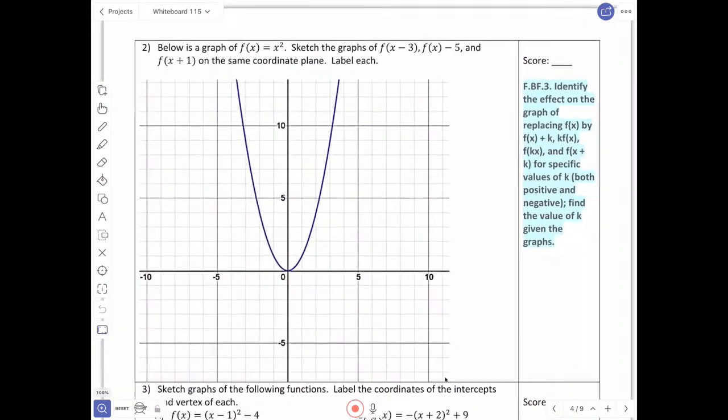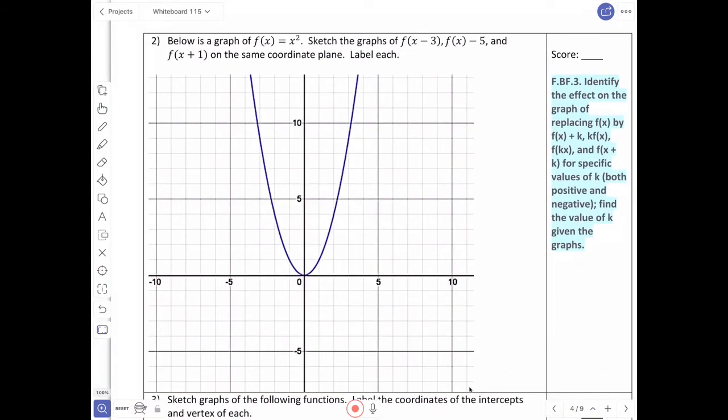All right, this was a tough one for everybody. We're supposed to sketch the graphs of f of x minus 3, f of x minus 5, and f of x plus 1 on the same coordinate plane. So f of x minus 3 should have been, I'm going to do this one in red, 1, 2, 3 spaces to the right.